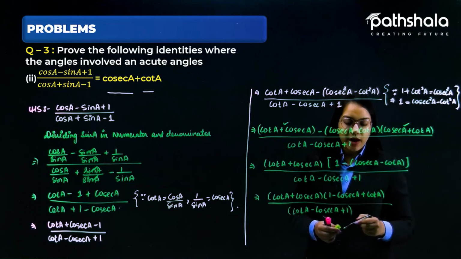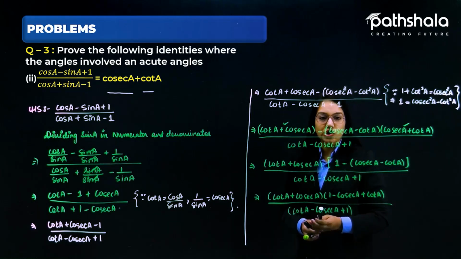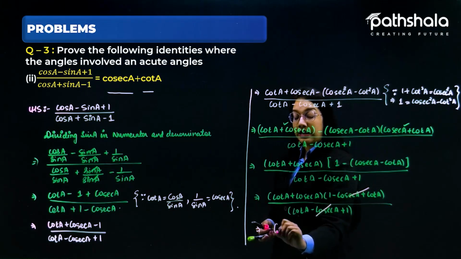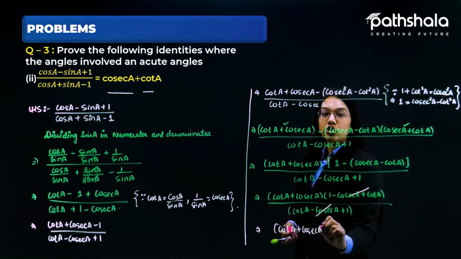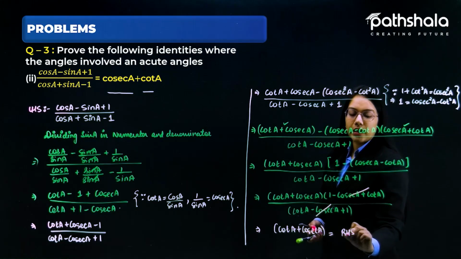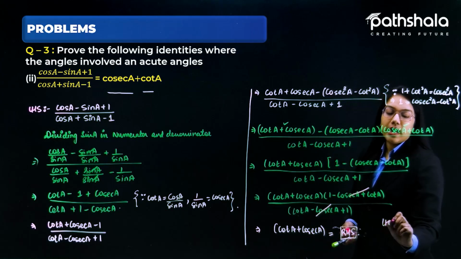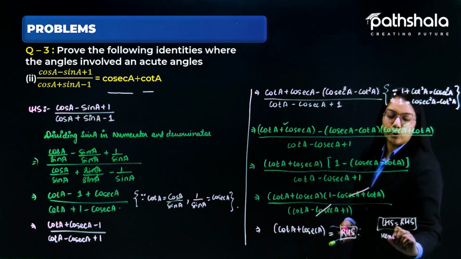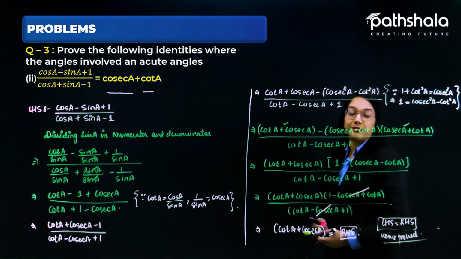So you can see for yourself that at the end we are getting the value in this particular formation such that this value and this value are getting cancelled with each other, and at the end we are getting cot A plus cosec A, which is equal to the RHS. So hence at the end we have proved LHS is equal to the RHS, which is proved using the trigonometric identities and various other concepts.